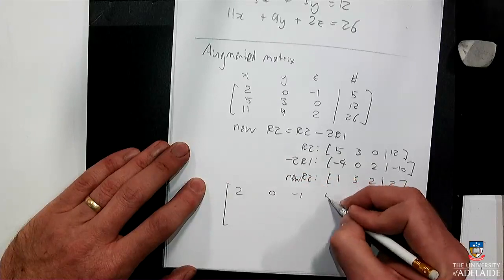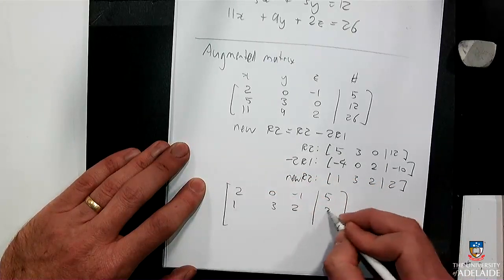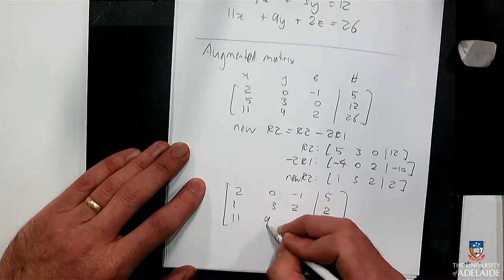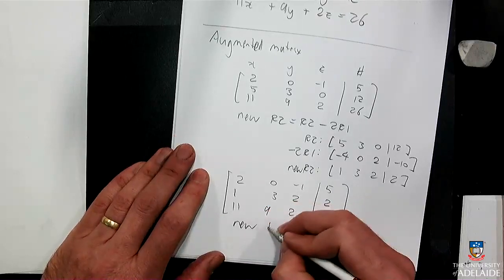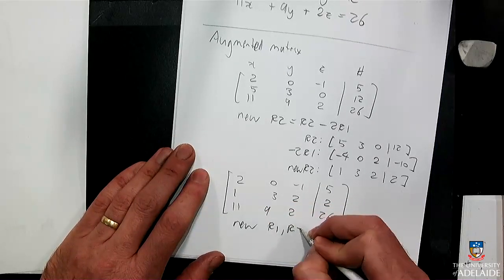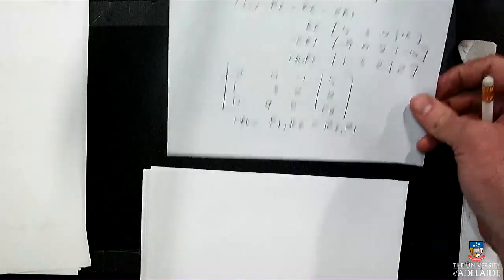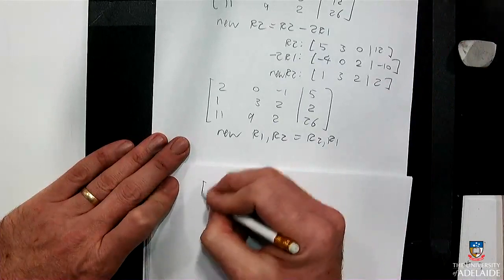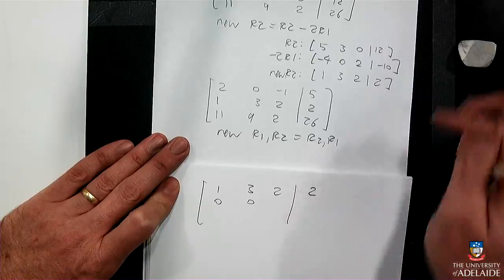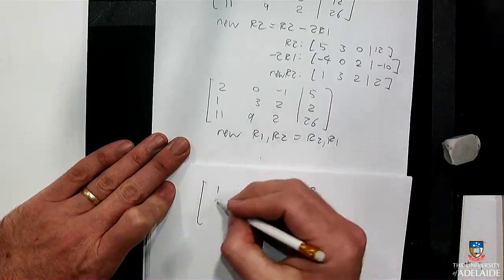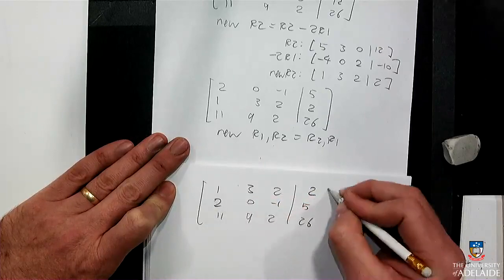Then I'll swap row 1 and row 2. So it's 1, 3, 2, 2, then 2, 0, negative 1, 5, then 11, 9, 2, 26.